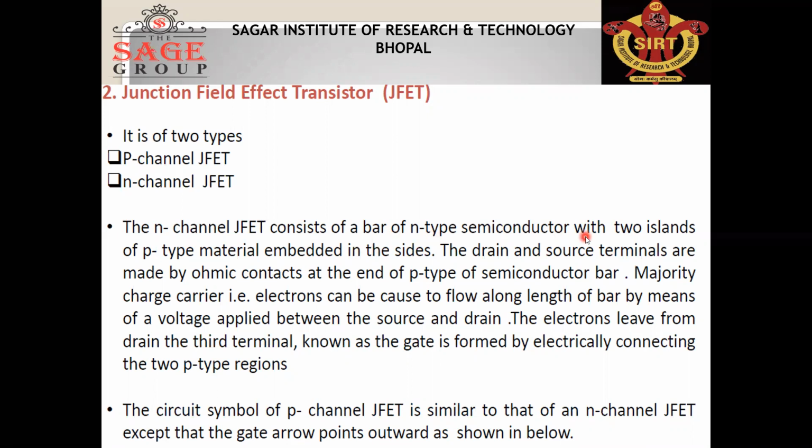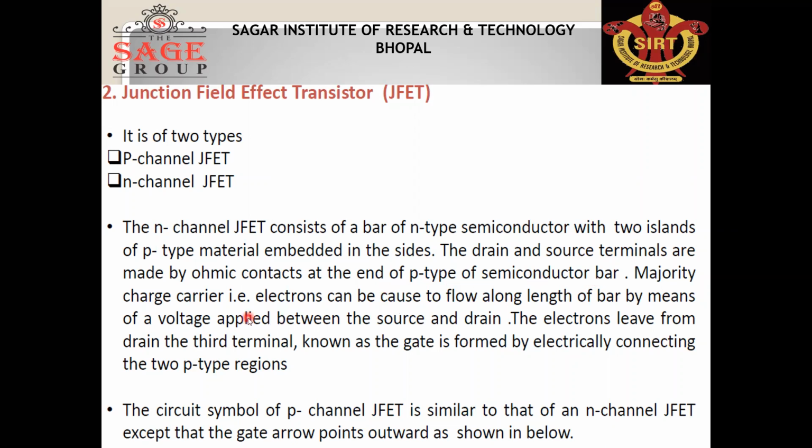For N channel FET, first we will take an N type semiconductor bar and we diffuse two p-type semiconductors on both sides of the bar. The drain and source terminals are made by ohmic contact at the ends of the bar.